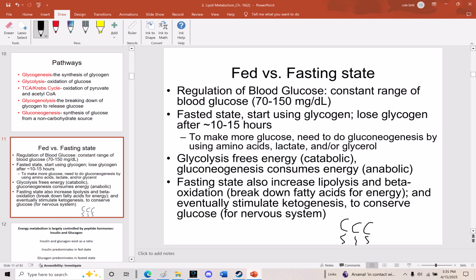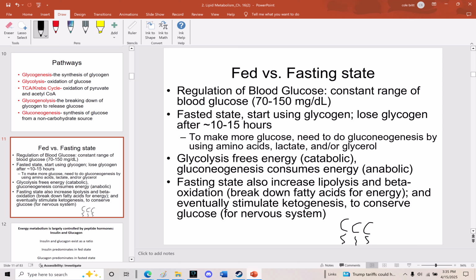There was a quiz question last week about the reducing equivalent for fatty acid synthesis. You said that it was NADPH. Yes. So NADPH is going to be the molecule that's going to be reduced to make fatty acids.